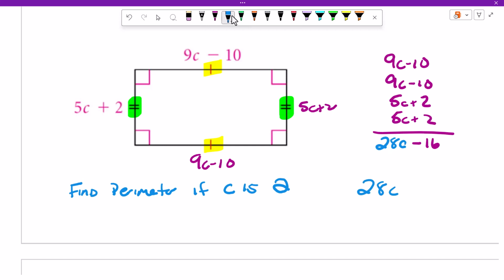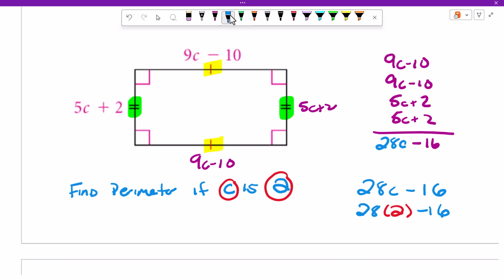So our perimeter is 28C minus 16, and we're going to replace the C with the number 2. So where we see the C, I'm going to put the 2 in. Then it becomes something to calculate. Then you go 28 times 2, right?